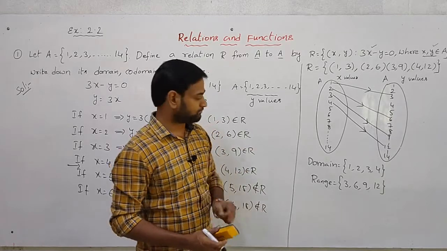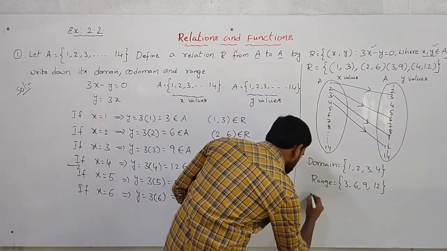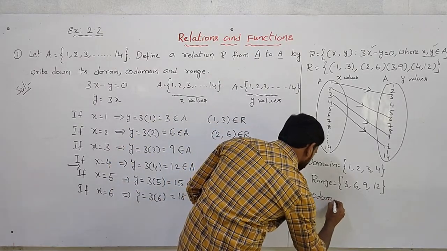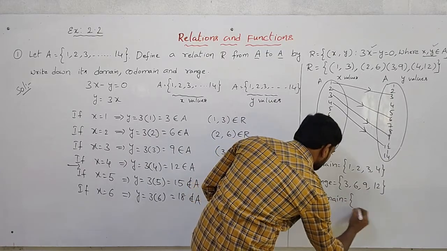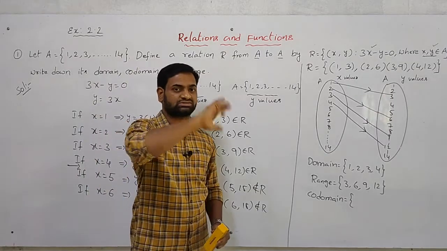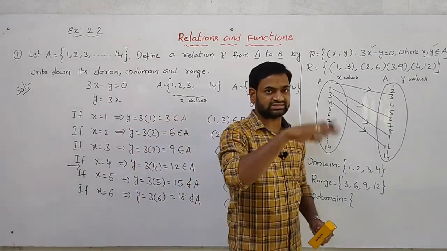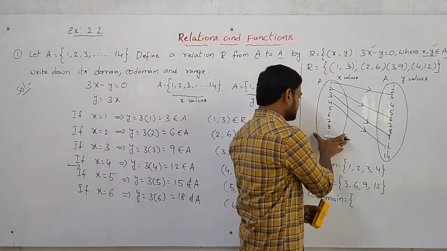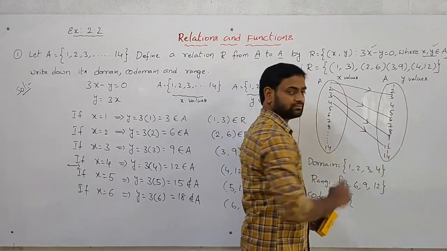Remember the word. So at last, codomain. Codomain means the set of all second elements, the entire second set. In this one, it is the first set, it is the second set.